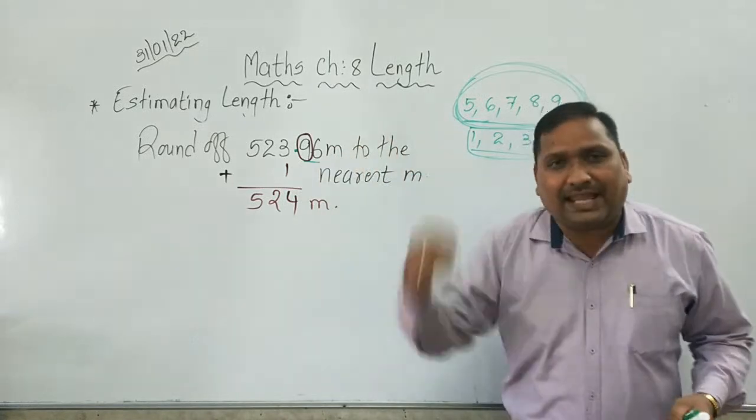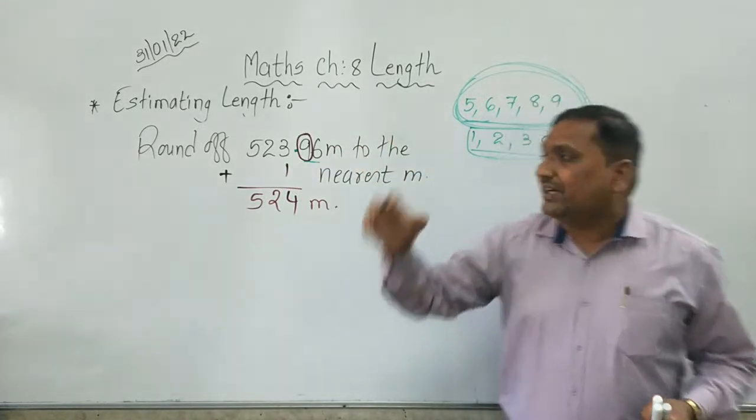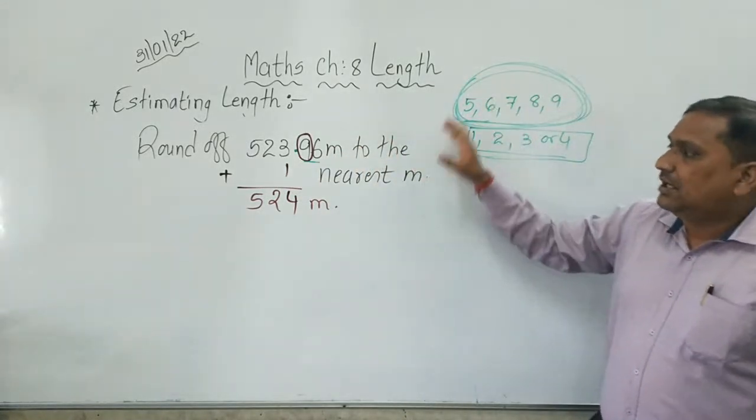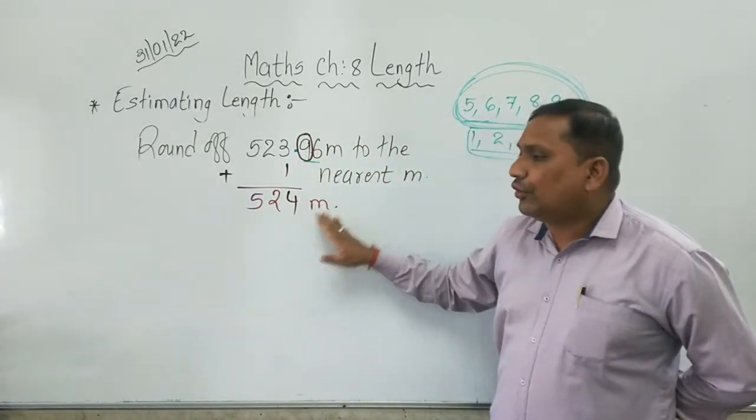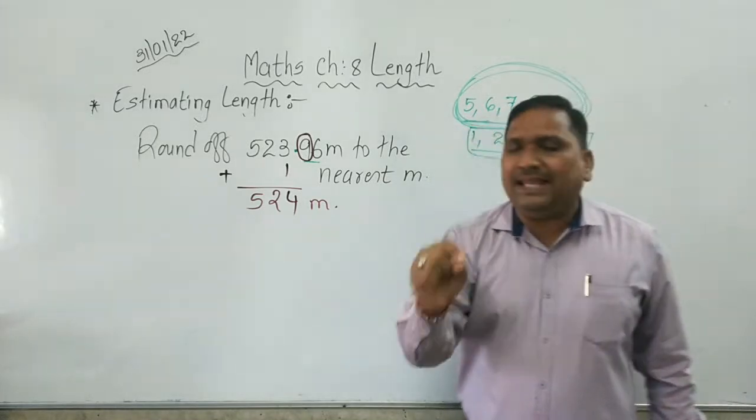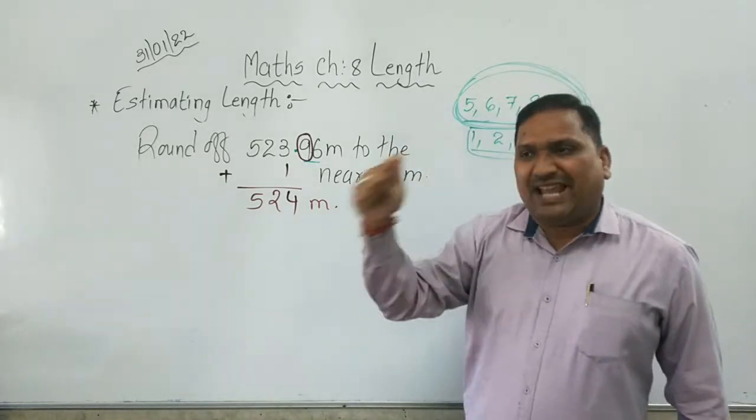523.96 जो मीटर है, जब हम उसे राउंड ऑफ करेंगे टू द नियरेस्ट मीटर, so what is it going to become? 524 meter. Just be careful students. What we have to see?